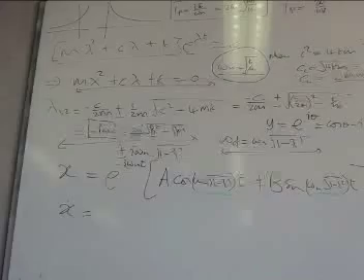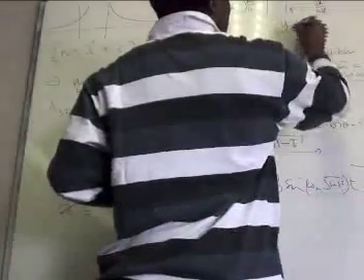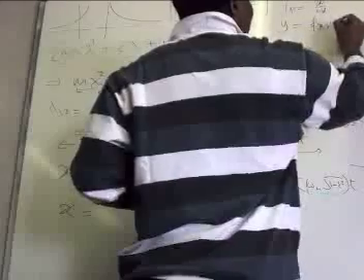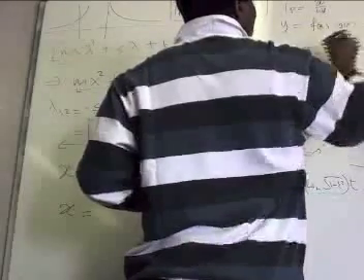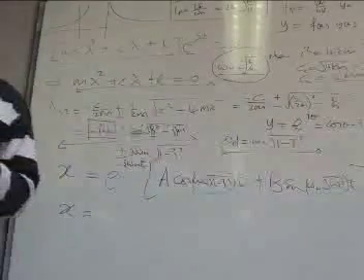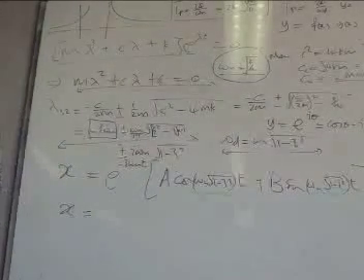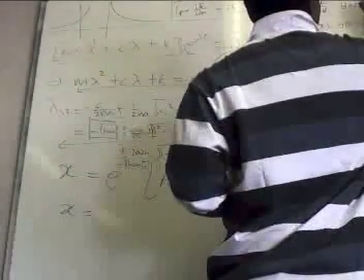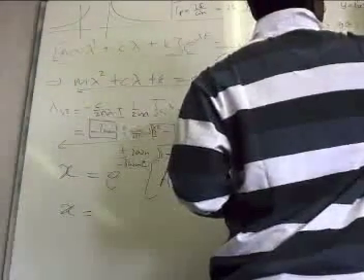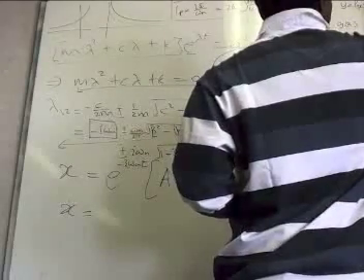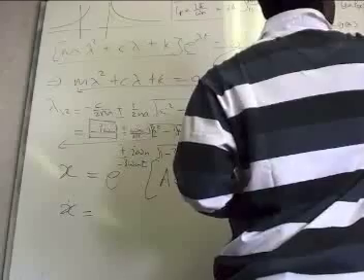Now if you have two terms, y is equal to f(x) times g(x). What is y dot? It's going to be what? f(x) g dot(x) plus g(x) f dot(x).